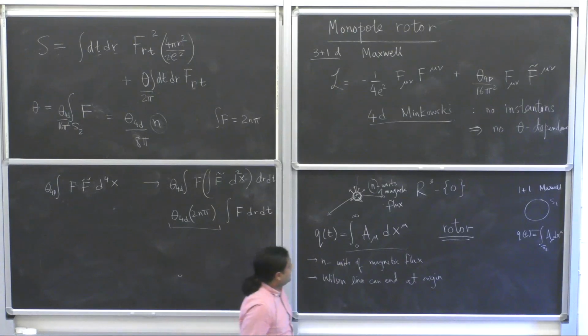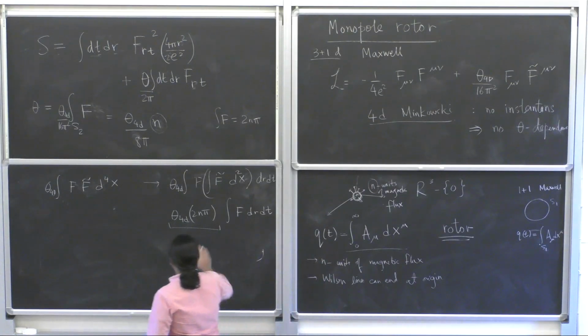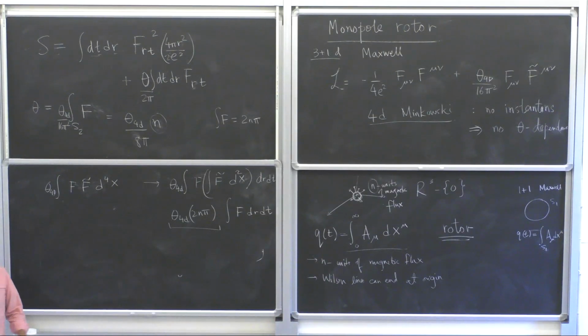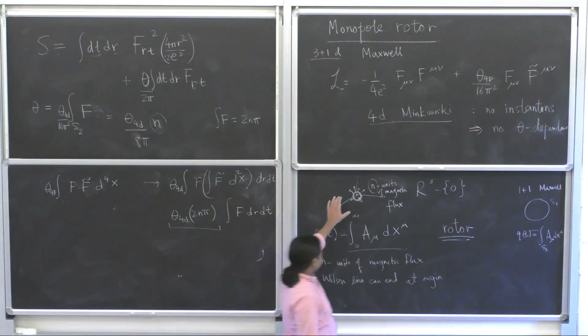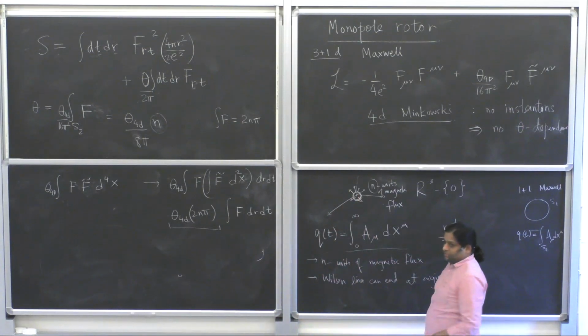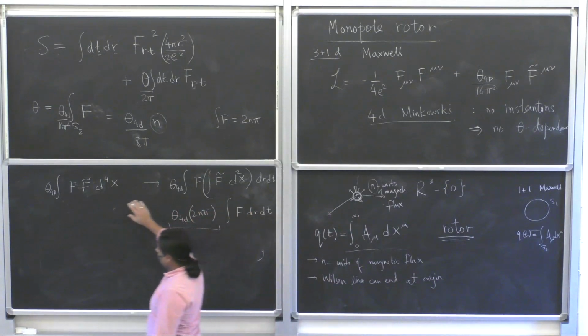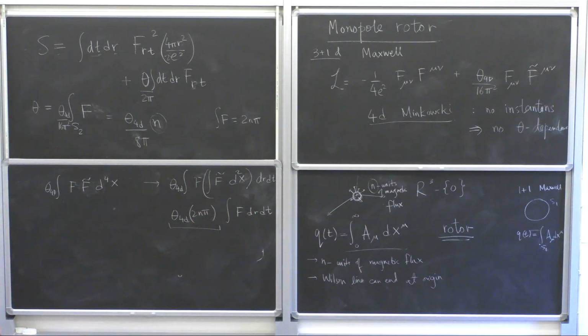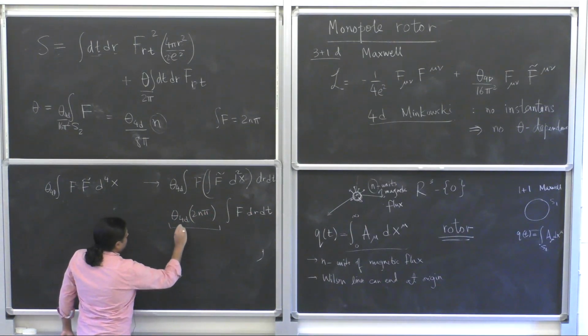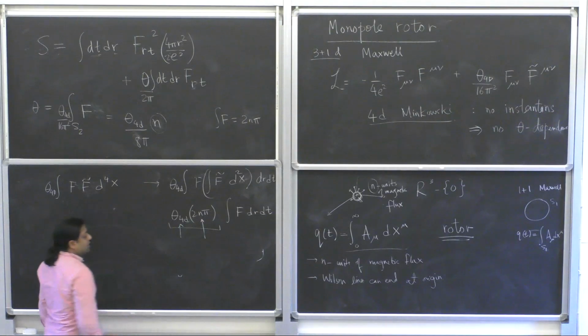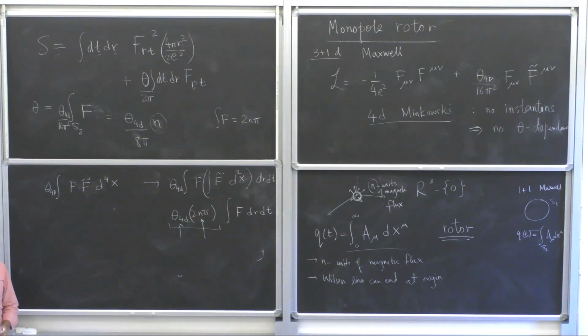One of the F's just becomes the magnetic flux through the S2. In particular, if there was no magnetic flux, so we were not describing a magnetic monopole, then the effective theory would have no theta angle. The theta angle depends both on the 4D theta angle as well as the magnetic flux. Okay.